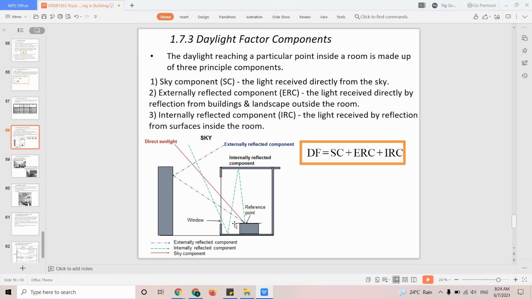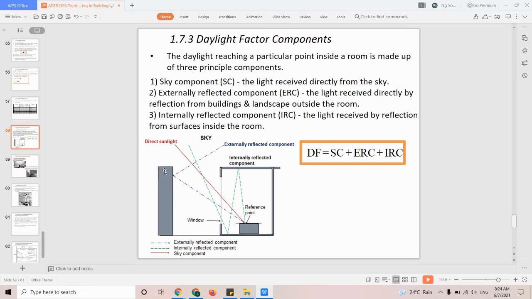So reflections into the room can come from two sources, from outside and from inside. Depending on how we made up our room, meaning the colors and the objects in the room, it can either increase or decrease the brightness of the room.